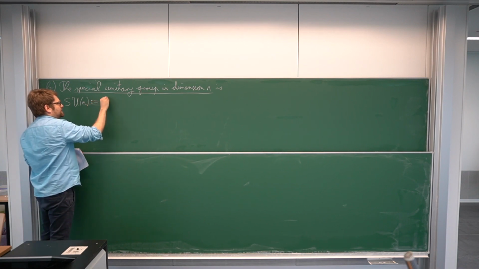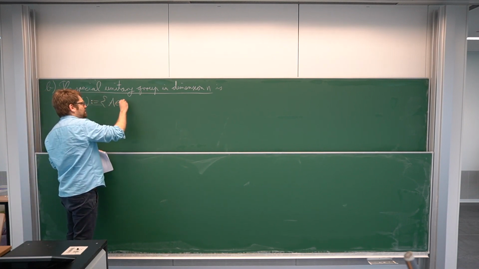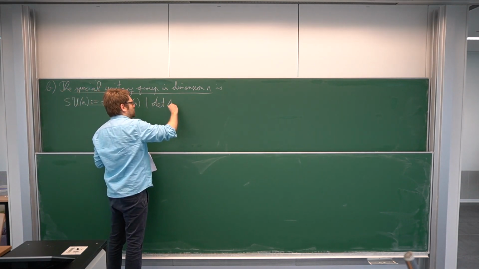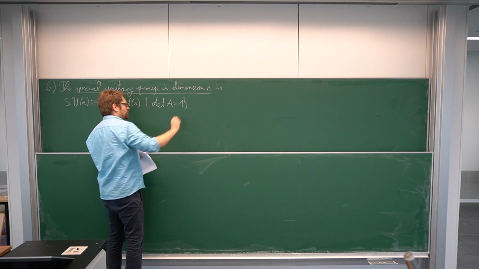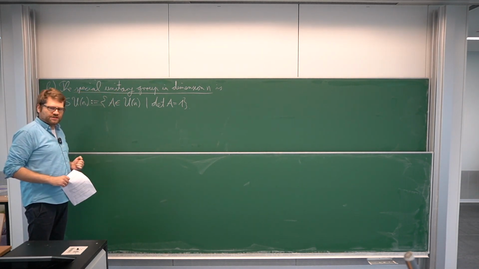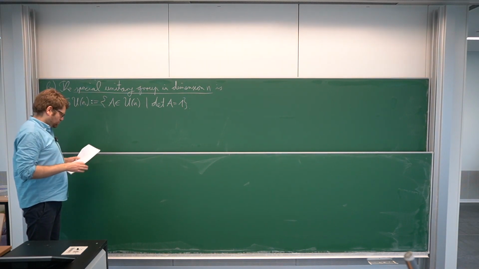This is defined as the set of all unitary matrices which have determinant 1. Again, before we only knew that the absolute value was 1, so the determinant could lie anywhere on the unit circle in C. Now it has to be precisely 1.